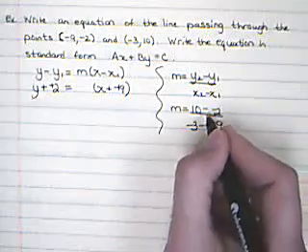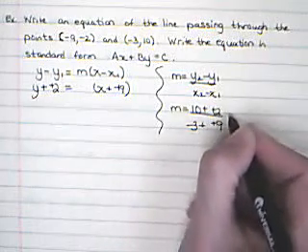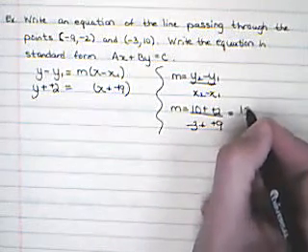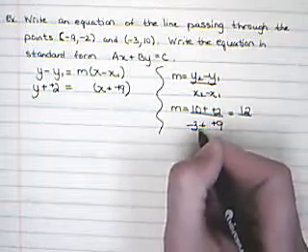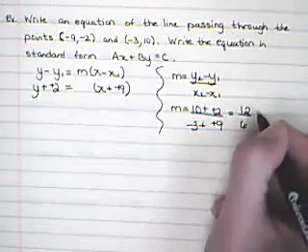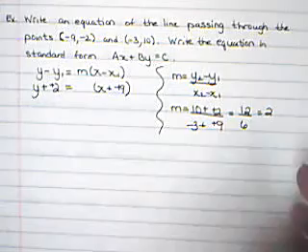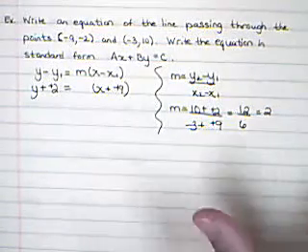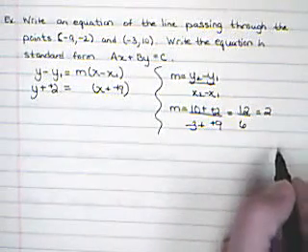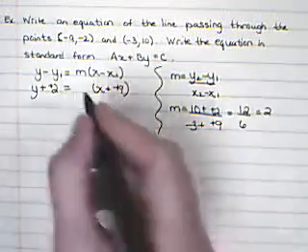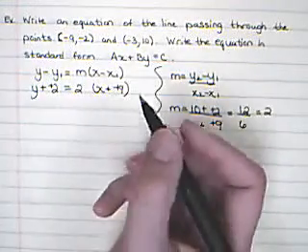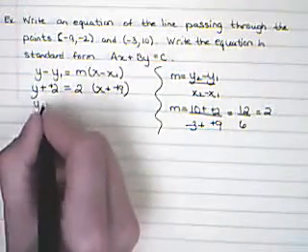And again, two negatives giving a positive. We would be left with 10 plus 2 on top, which is 12, divided by negative 3 plus 9, which is positive 6, which simplifies to positive 2. And if it does simplify, it would be easier to do it here. So we're going to take that 2 and substitute it in for our slope and simplify.